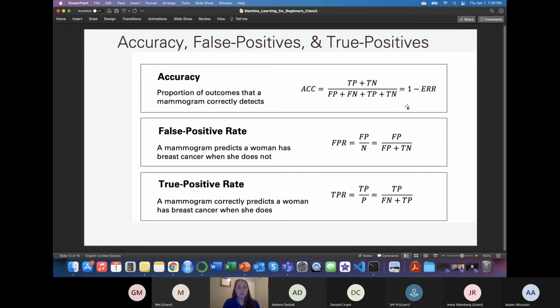There's also something called a false positive rate. You've probably heard of this. One of the examples that people usually use is mammograms. In order to calculate that, you'll have your false positives in your numerator, and then you'll have your false positives and your true negatives down at the bottom.